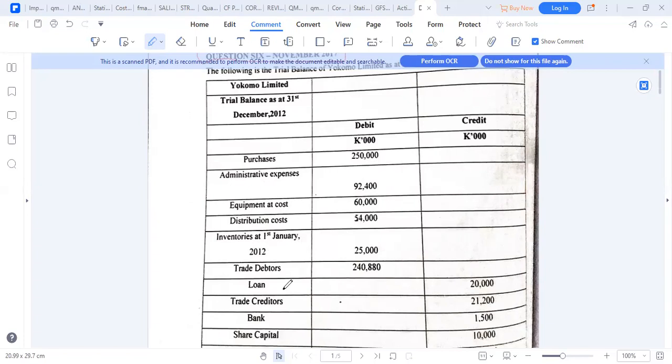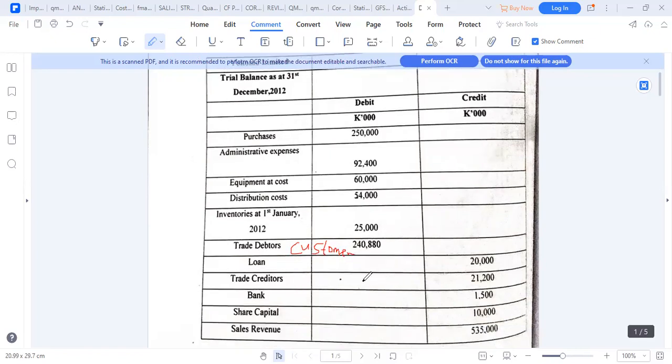The trade debtors, which are customers. Debtors are also called customers because these customers are buying on credit; that's why we have the term debtors. Then we have the loan.